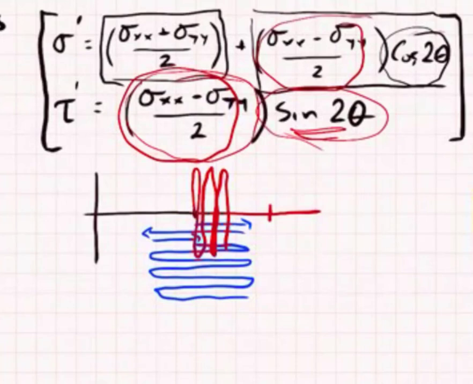Then tau prime, we can see that that's going to be equal to 0, because sine of 2 theta when theta equals 0 is 0. So our starting point is right on the sigma axis, and as theta increases, the cosine of 2 theta diminishes from its maximum value, and the sine of 2 theta increases. And that describes a circle that follows a path like this.